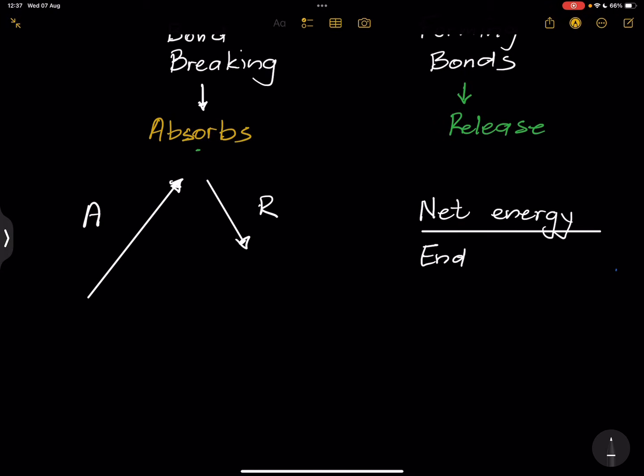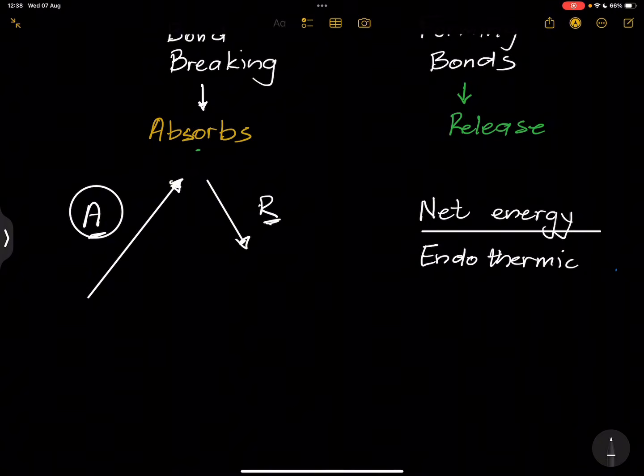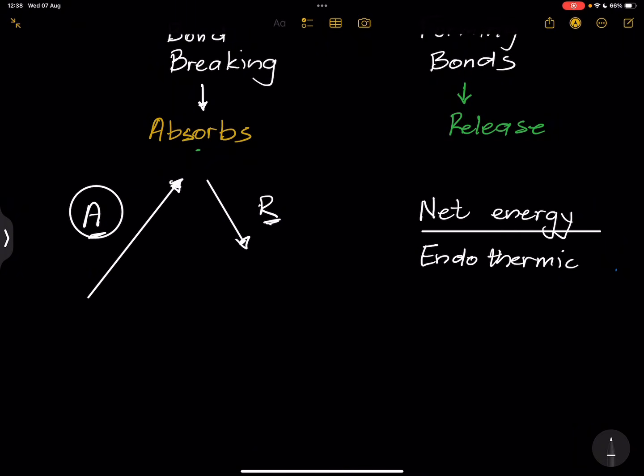Remember, we're still going through a process of having energy that is absorbed and energy that is released. However, if we've got more energy that is absorbed, our net energy profile is endothermic. And I'm going to talk about this a little bit more as we go through the questions.